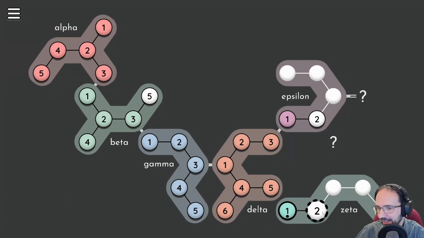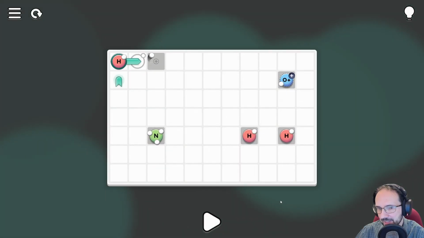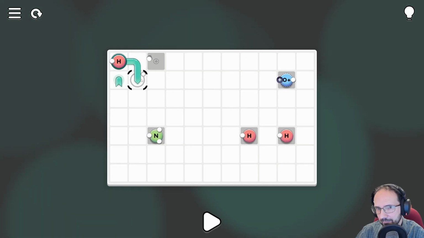Okay. Let's do another Zeta puzzle. How are these different from the ones that added the electrons? We need to leave space to grab him.